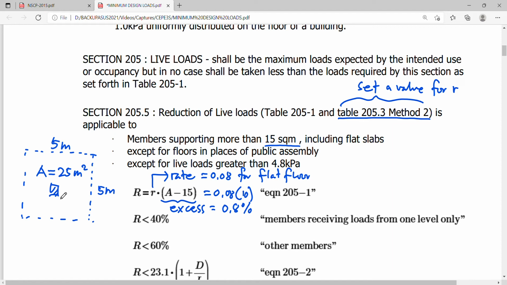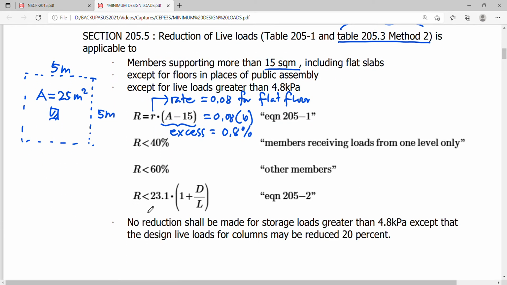Okay, but if you are talking here of very large areas, such as those from storehouses, the warehouses, we can actually obtain a larger rate or a larger reduction factor R in this regard. And this has to be checked on the limitations.